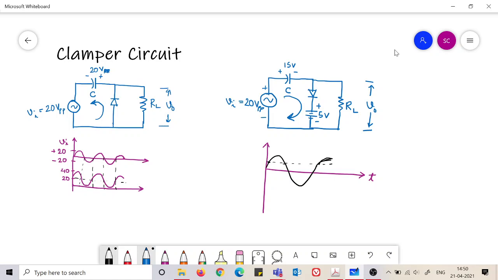So you can see that the diode will be facing a reverse bias voltage now, and we have to analyze along with this Vi now. This voltage is minus 15 volt here. When this is 0, this is minus 15, and this is plus 5, so minus 10 here.